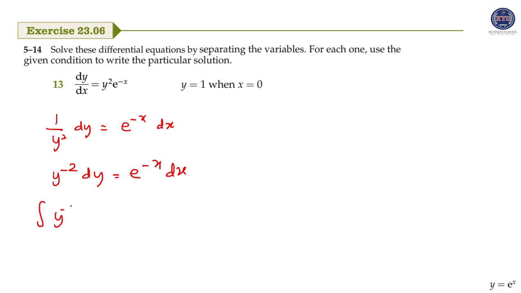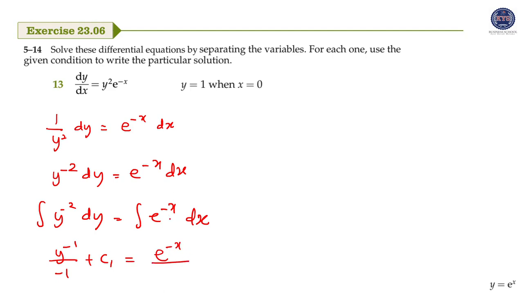Integrate: y to the power of negative 2 plus 1 becomes negative 1, divided by the new power, plus c1. Integrate the exponent, you will have the exponent again, but divide by the derivative of negative x, which is negative 1, plus c2.